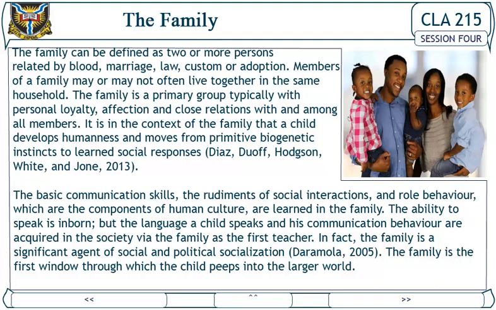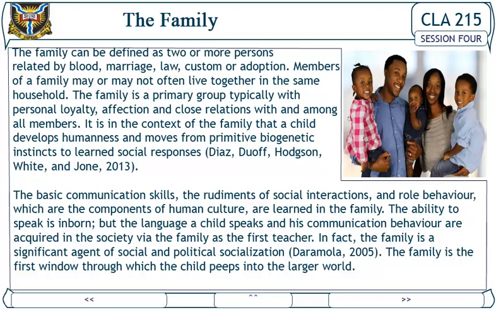It is in the context of the family that a child develops humanness and moves from primitive biogenetic instincts to learned social responses. The basic communication skills, the rudiments of social interactions, and role behavior, which are the components of human culture, are learned in the family.